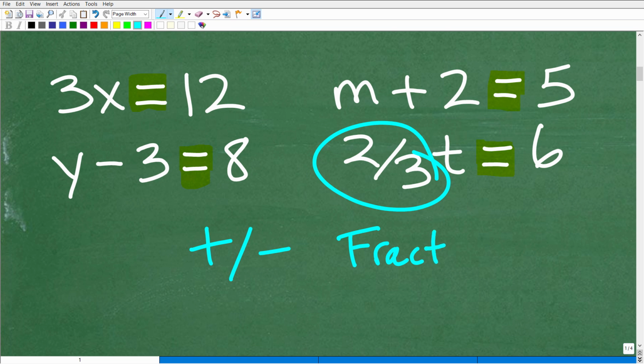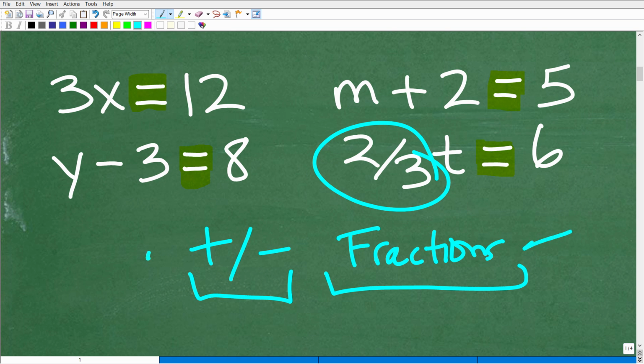These are areas that students typically struggle with. These are even more foundational skills that you need before you get into solving equations. If you're struggling with this, you need to stop and pause what you're doing and go back and strengthen your skills on fractions and positive and negative numbers.